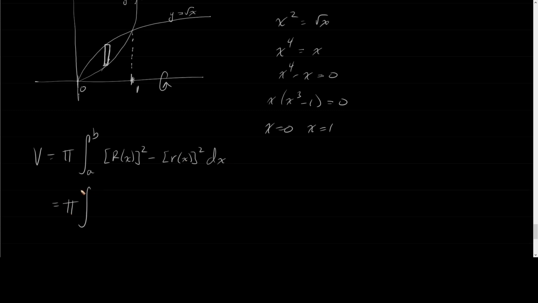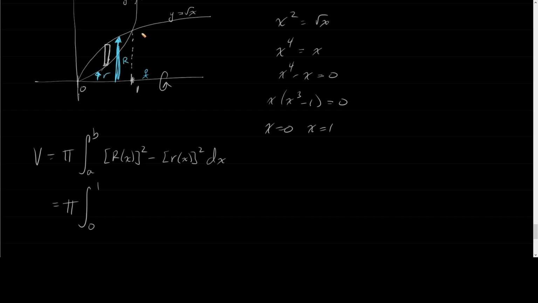So what does that give us? A to b. We just said that the bounds were 0 and 1. Big radius. The big radius here is going to be this distance, right? So if my little guy is here, this is the big distance. That's the big radius. And then this right here would be the little radius. So this is big R, this is little r.